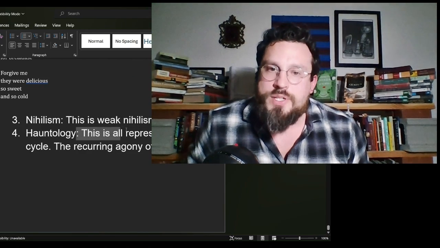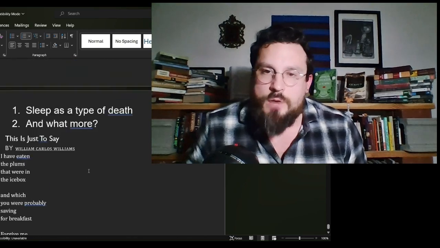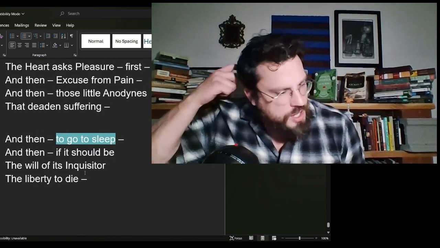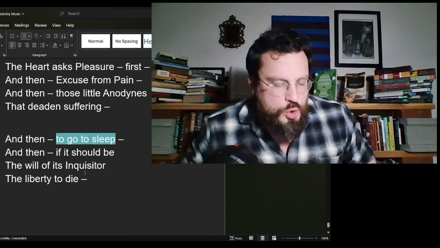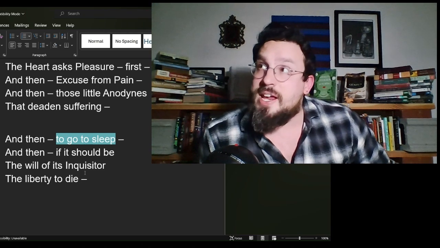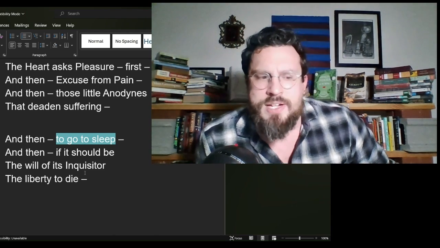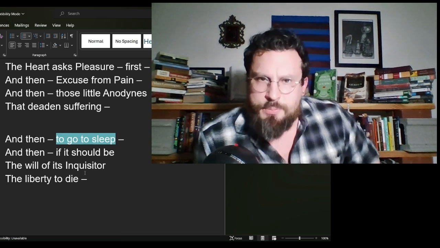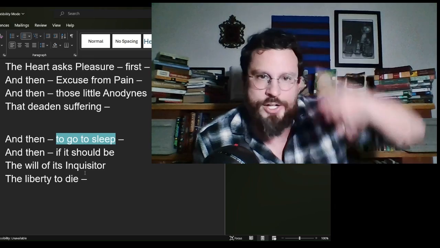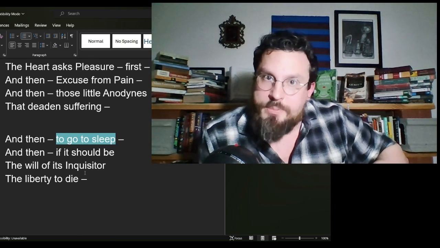This is all represented as a cycle, the recurring agony of haunting. What is a ghost? There is some theory, if ghosts were to exist, that a ghost is a psychic presence forged by the agony of someone repeating itself in that place, right? It is sort of the indentation in your bed, right, there because you've laid in it so many times.